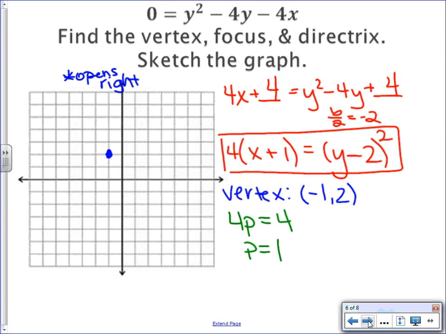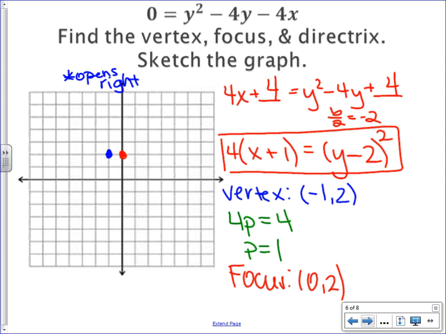All right, so p is 1, which means inside of our parabola, we're going to move 1 away for our focus. Now that we've plotted that point, we can identify it as 0, 2. Then we need to move p away the other way for our directrix.